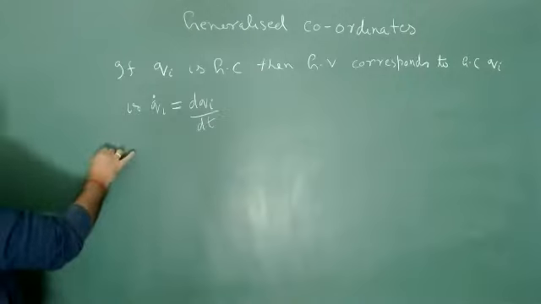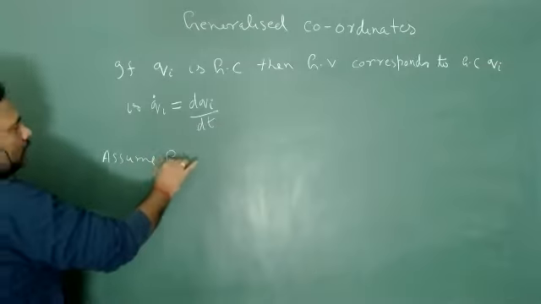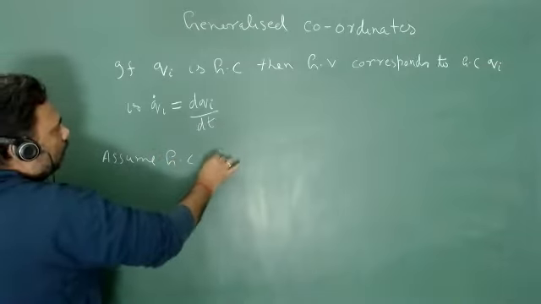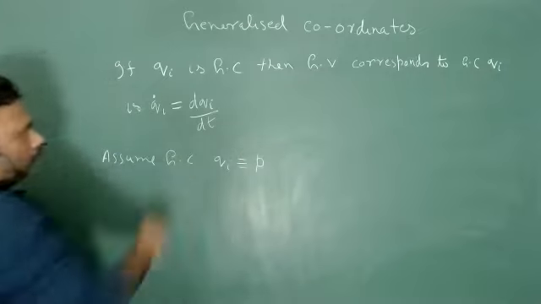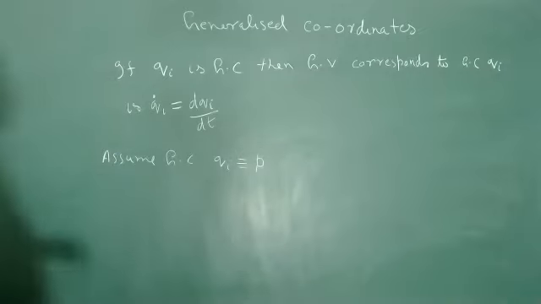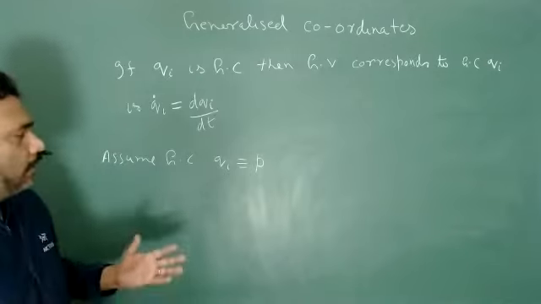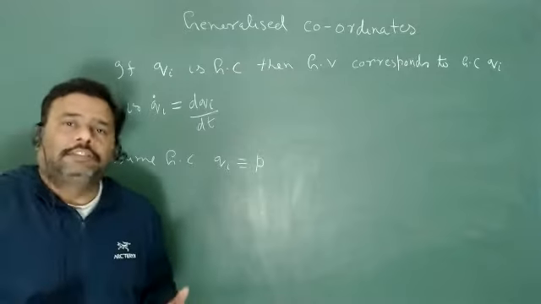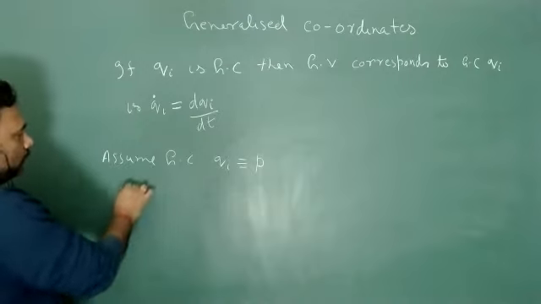And now we can have some very interesting observations. Suppose, assume my generalized coordinate qi has the dimension of momentum. So let us assume we are talking in some system where my generalized coordinate is momentum. Then what will be my generalized velocity?